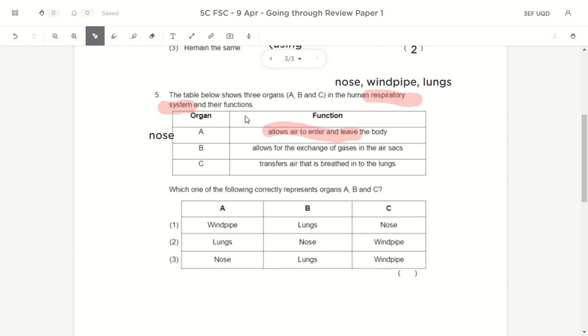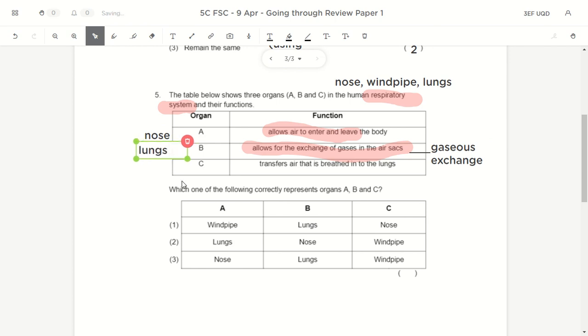Okay, the next one, it allows exchange of gases. This is basically your gaseous exchange. Alright, so gaseous exchange doesn't take place in the nose, doesn't take place in the windpipe, it takes place in the lungs.